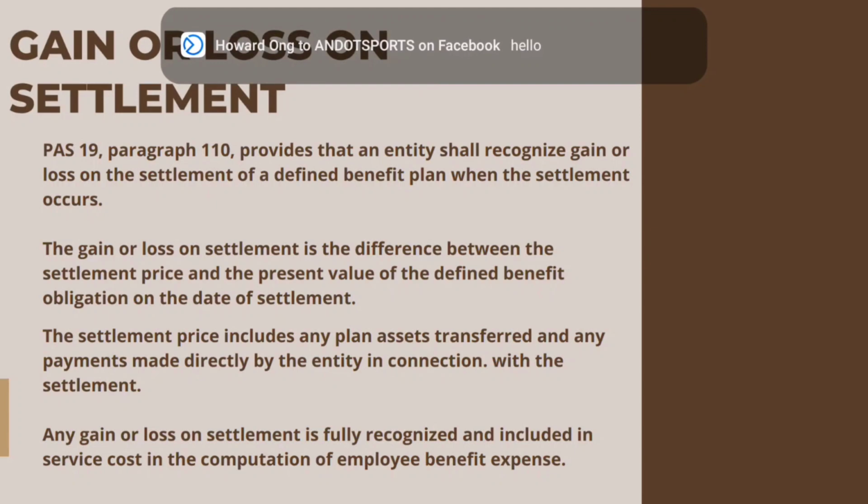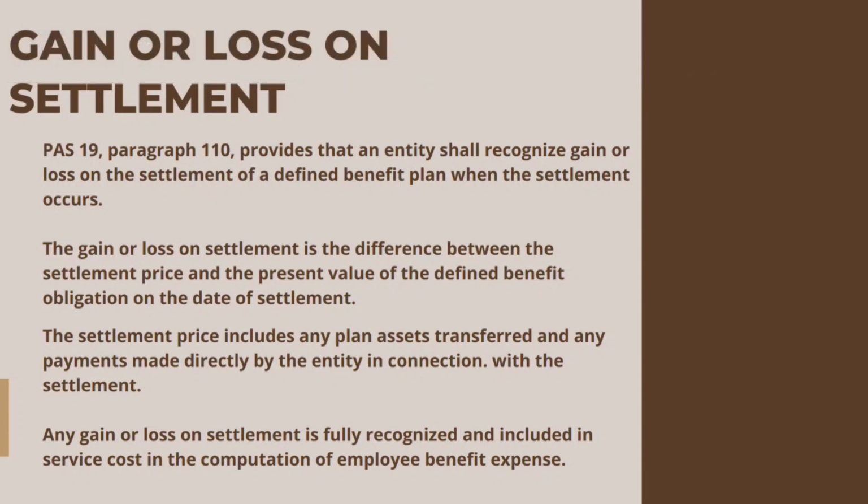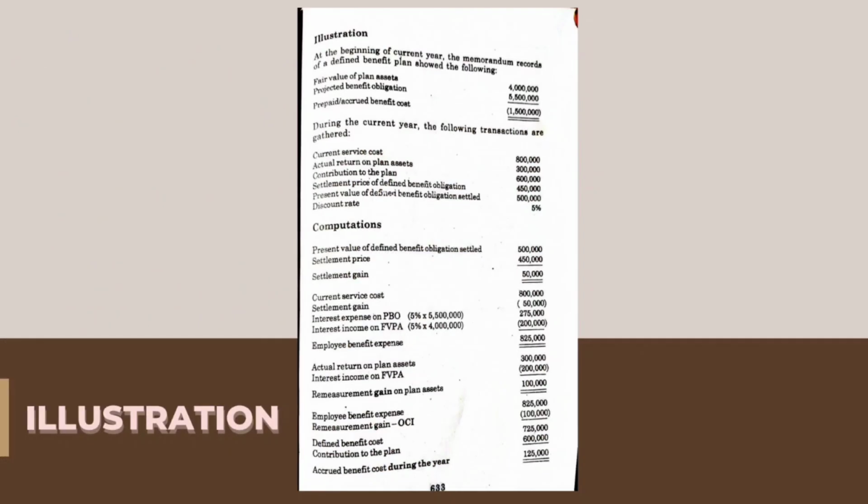So in illustration, for example, at the beginning of the current year, the memorandum records of the defined benefit plan show the following. Fair value of the plan asset is 4,000,000, the projected benefit obligation is 5,500,000, and the prepaid accrued benefit is 1,500,000.